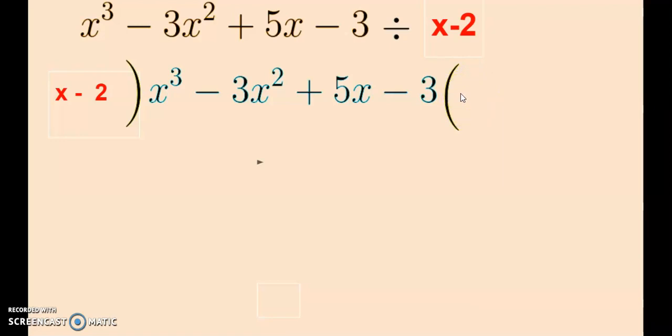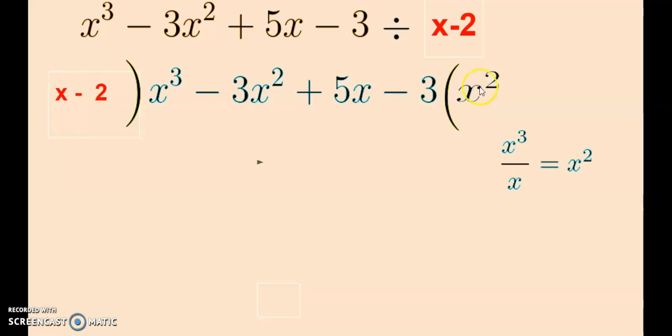It can be calculated by taking the first term of the dividend, here x cube, and dividing it by the first term of the divisor, which is x. So x cube divided by x gives x square. That has to be written here in the quotient part. So the first term of the quotient is x square.